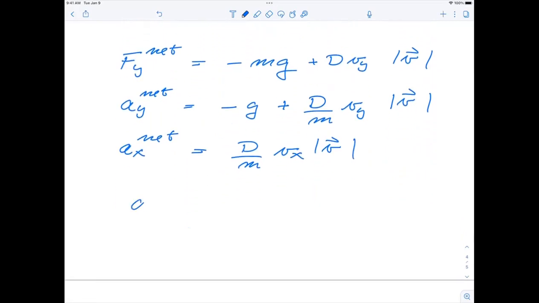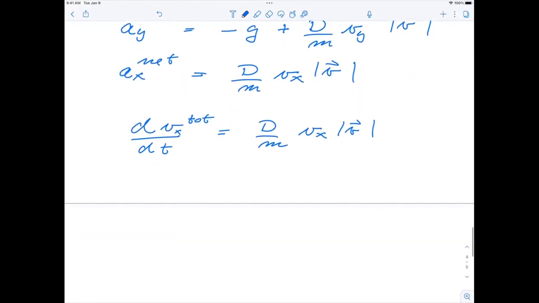So we are going to have a differential equation for the velocity in the x direction. That's the total velocity which we have. And that is going to be given by this d divided by m times vx times v.